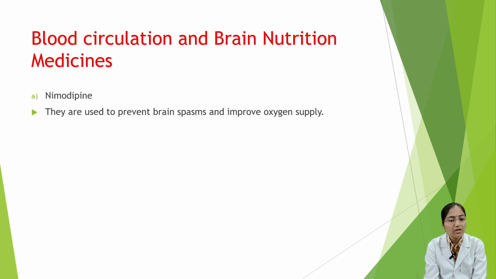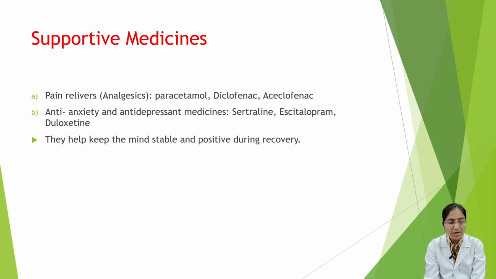Next, we'll see the blood circulation and brain nutrition medicines. Nimodipine is used to prevent brain spasm and improve oxygen supply. Then we'll see the supportive medicines.